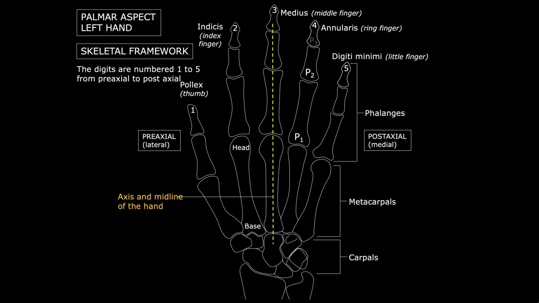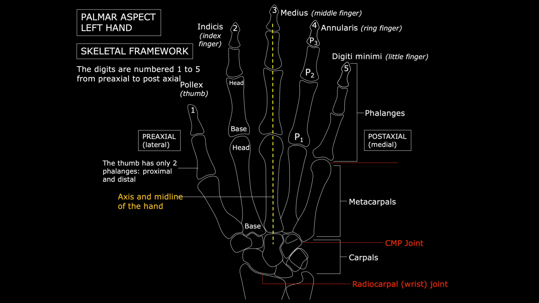And we all know P1, P2, P3, and we know that the thumb has only 2 phalanges, not 3. So now we are looking at a joint between my distal radius and my scaphoid and lunate, that is my radiocarpal joint.